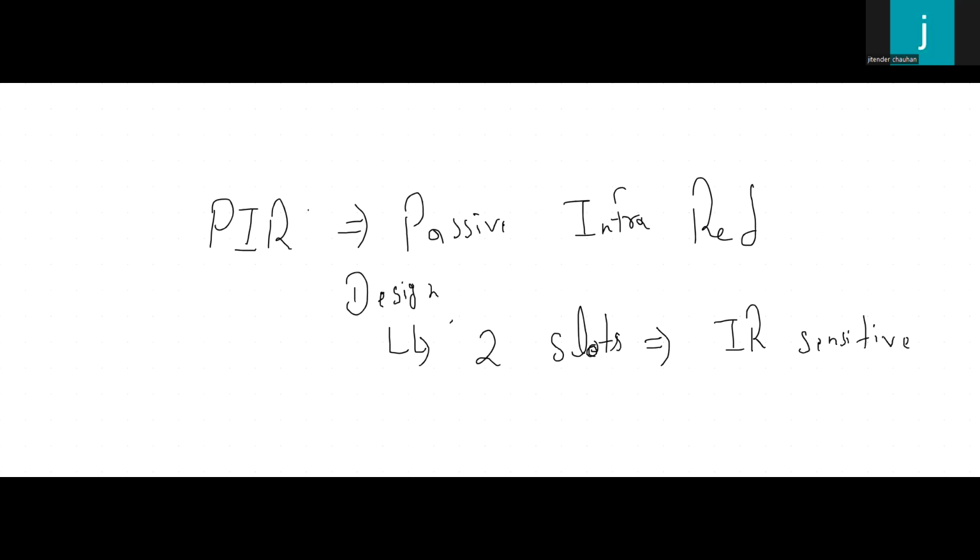And these elements are positioned side by side within the sensor. So this passive infrared sensor, the PIR sensor, has two slots, and those slots are made up of a special material that is infrared radiation sensitive.